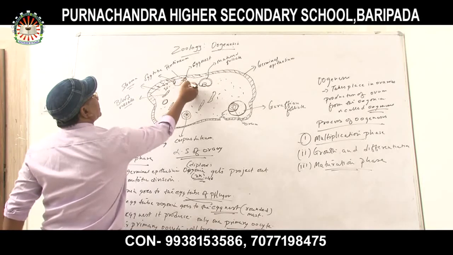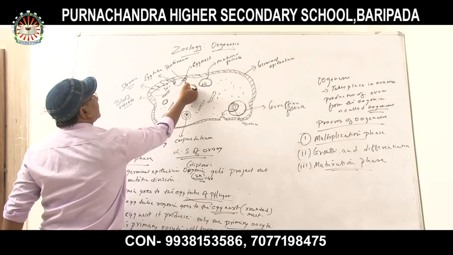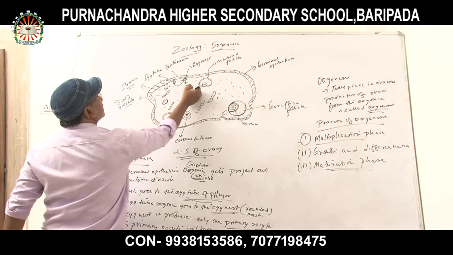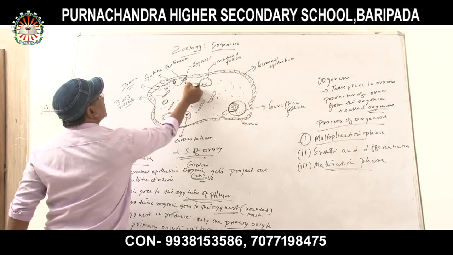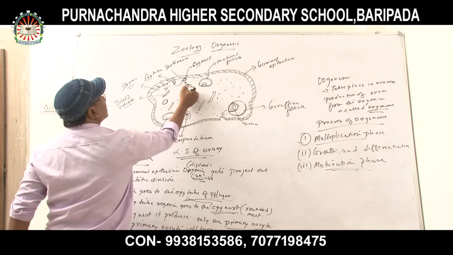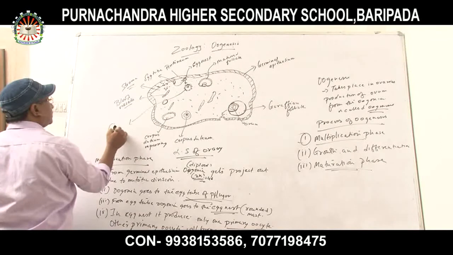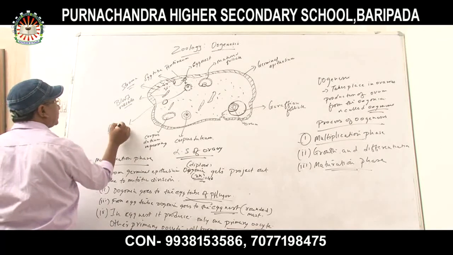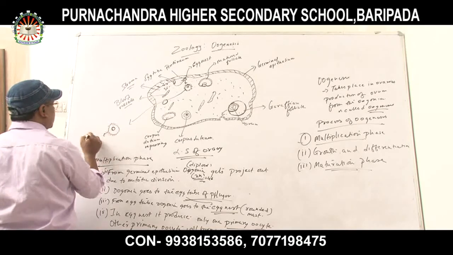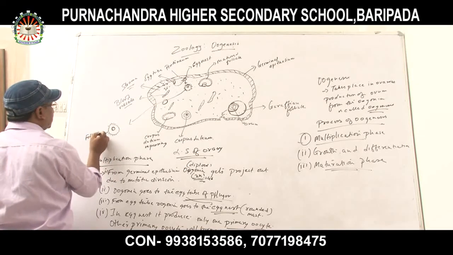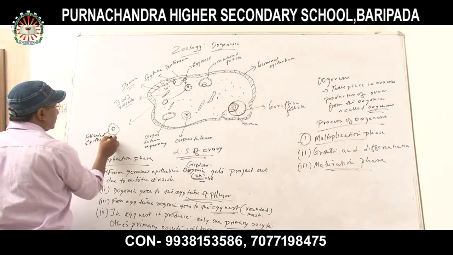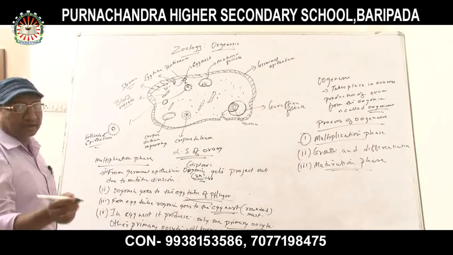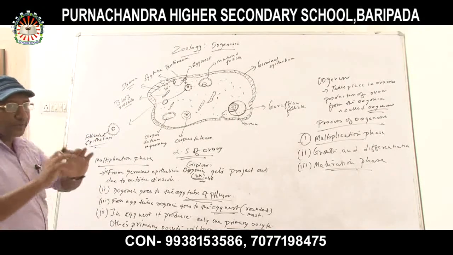So here only one primary oocyte is released. These are the other primary oocytes, and these are the layers of follicular epithelium. The other primary oocytes surround the functional primary oocyte.